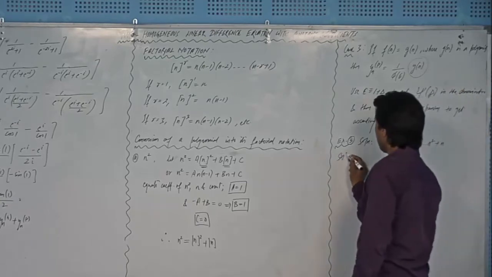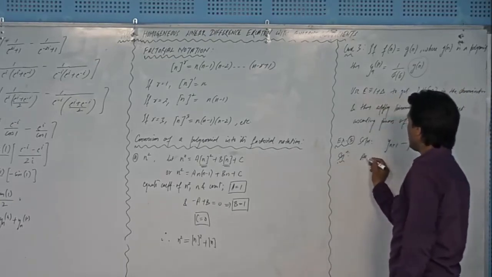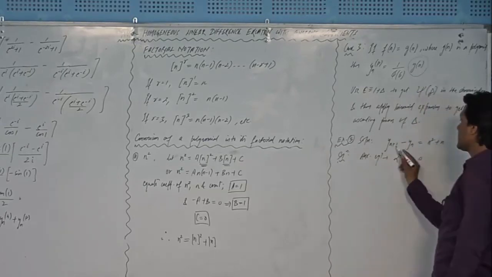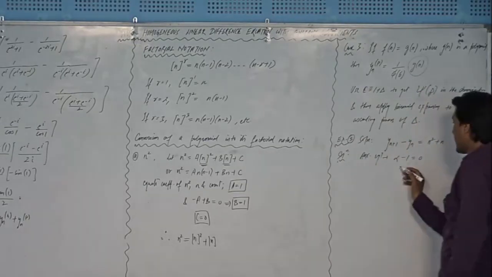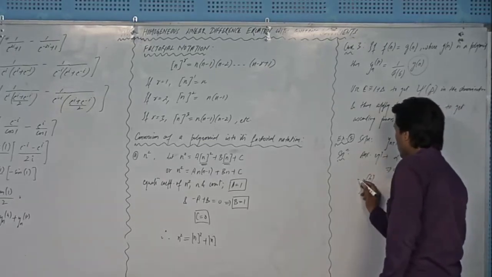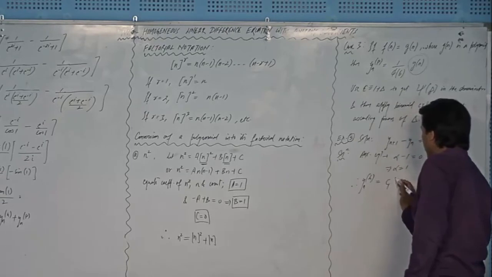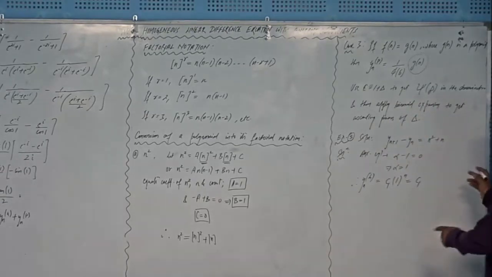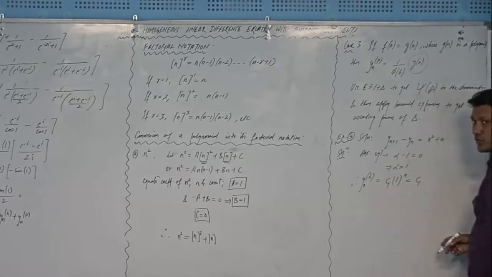Solution: its auxiliary equation will be alpha minus 1 equal to 0. You can see that this is a first order difference equation, and that will give you alpha equal to 1. Then you will write your homogeneous solution as c1 times 1 to the power n, which becomes c1, a constant.